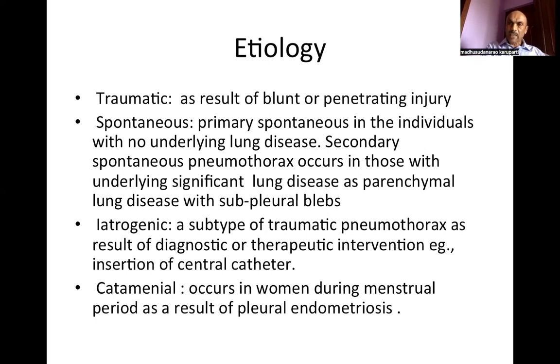It could be a stab injury. Or it could be a blunt injury when you're driving with a seat belt and you're hit against your steering wheel. The sudden impact on your chest wall can result in blunt injury. At the same time, injury to the mediastinum, injury to the pleural cavity. There are so many things that can happen in such a situation.